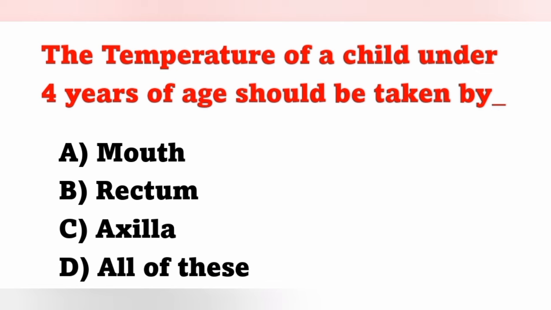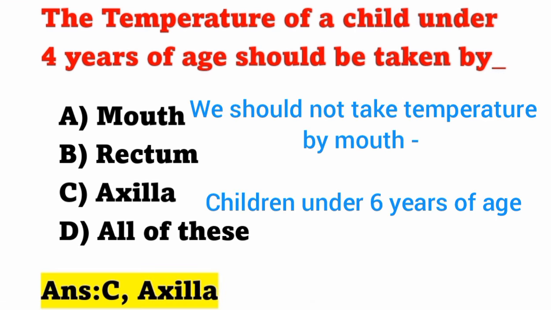The temperature of a child under 4 years of age should be taken by: option A, by mouth, option B, rectum, option C, axilla, option D, all of these. The temperature of a child below 4 years should be taken by axilla. Option C is the correct answer.